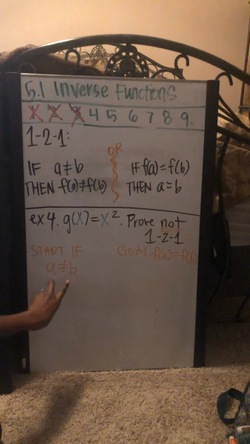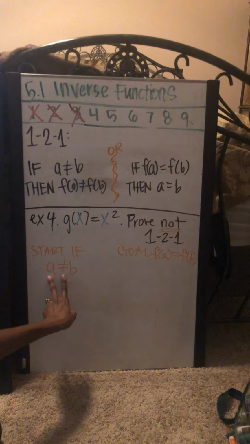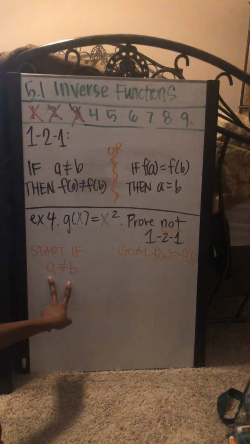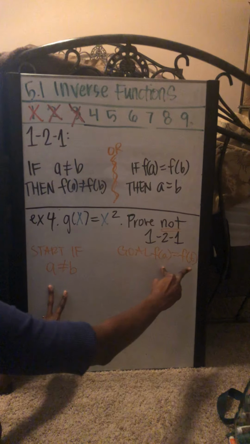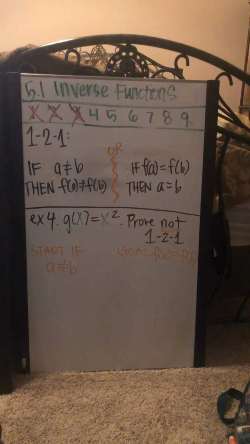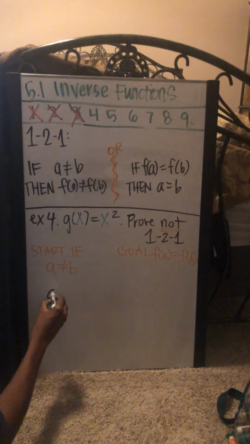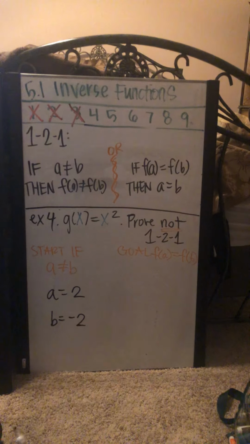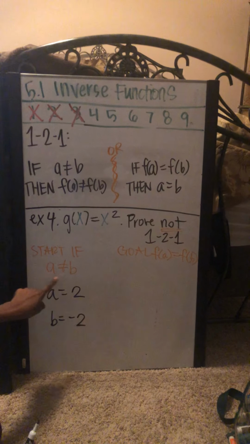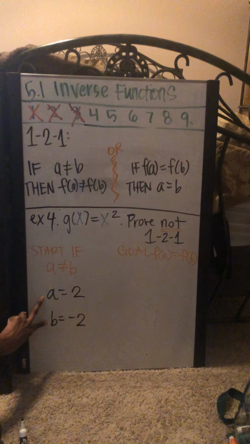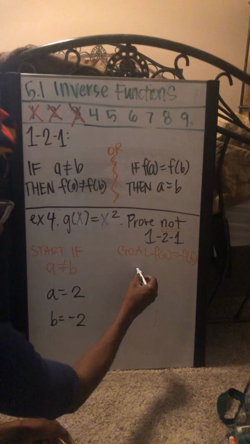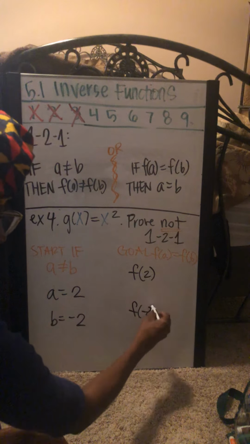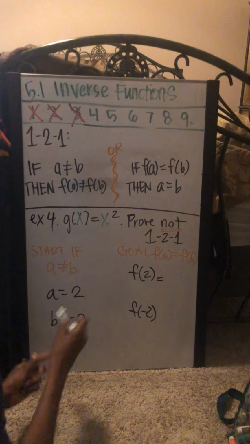So again, let's think of two numbers, A and B, that are different, but when we plug them in, we get the same answer. I actually just gave you an example. We can say A is equal to 2 and B is equal to negative 2. So A and B in this case are not equal, but when we plug them in over here, f of 2 and f of negative 2, oh, sorry, we're not actually working with f.